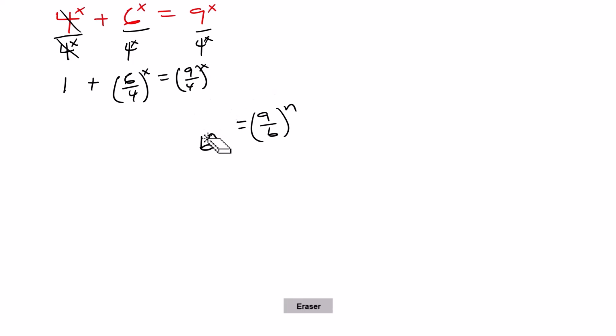So let's look at this. 6 and 4 are even numbers, so we can reduce it. So we have 1 plus, 3 over 2 here, and 2 here. Can we do the same to this?